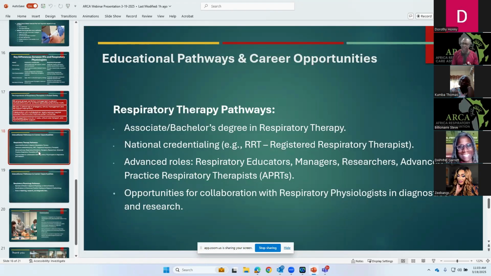And regardless of whatever role or path someone takes, there are always opportunities to collaborate with a physiologist. In the US, we don't have that many physiologists, because that role is done by a respiratory therapist, because of the training that we receive. It just depends on the subspecialty that you want to go into.